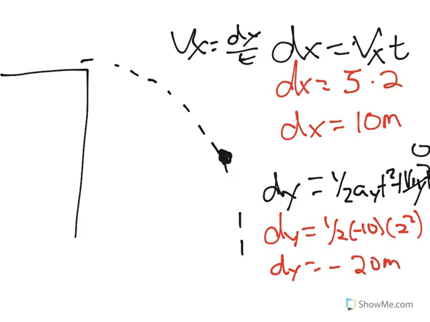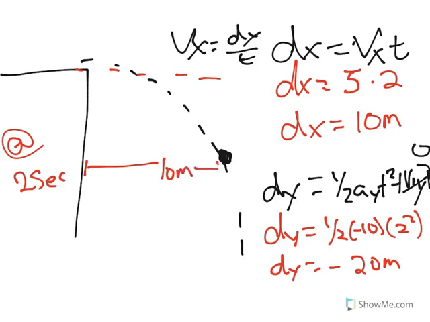What that means is, at 2 seconds, our ball is 10 meters in the x direction away from the wall, and 20 meters in the y direction away from the start. That's where the ball is. So if we had to describe where it is, there you go.